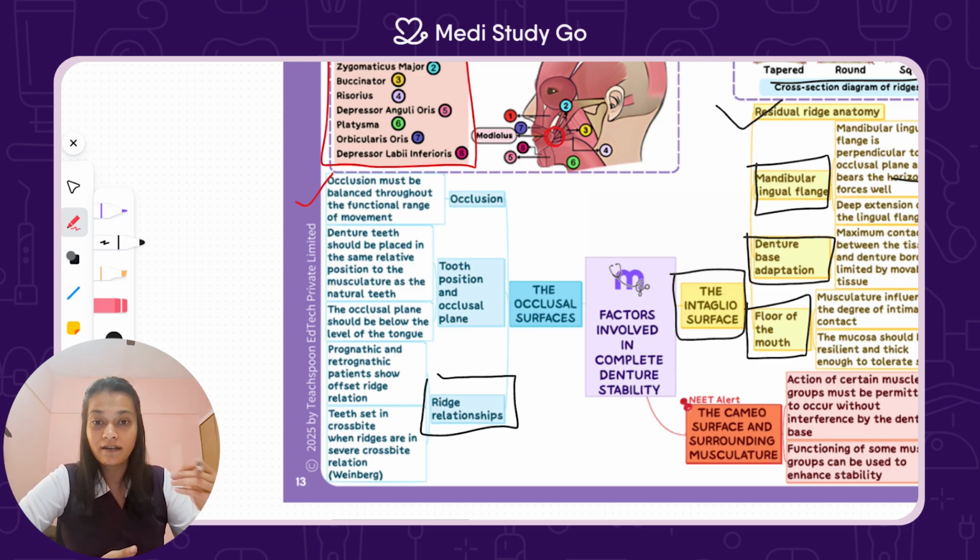Because you did not anticipate it during the pre-prosthetic phase. So then you have to alter your occlusion, or you have to alter your teeth arrangement. But the desirable form is always class 1. I want you to remember that when we talk about ridge relationship, it's always class 1. But yes, we do have methods if at all we have to manage unusual or abnormal classifications.